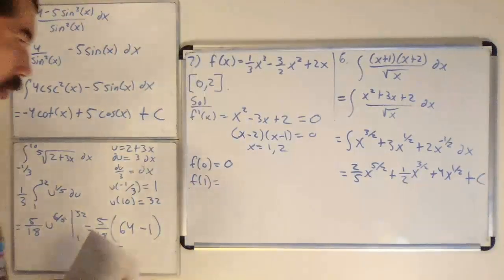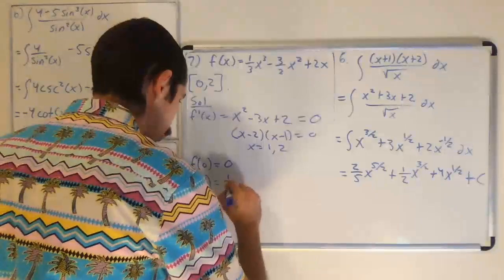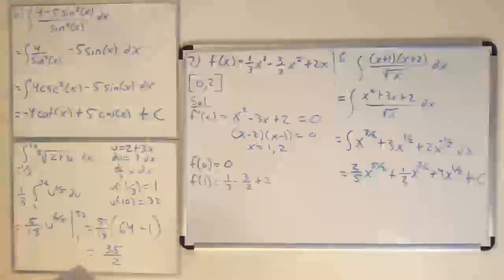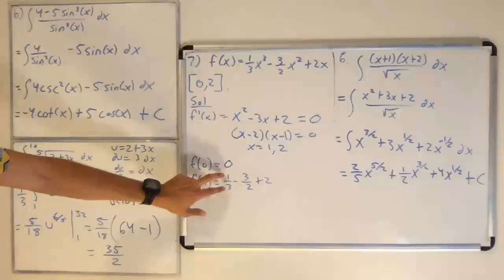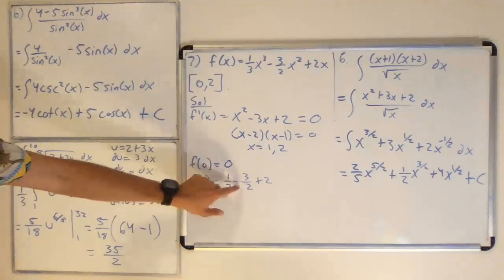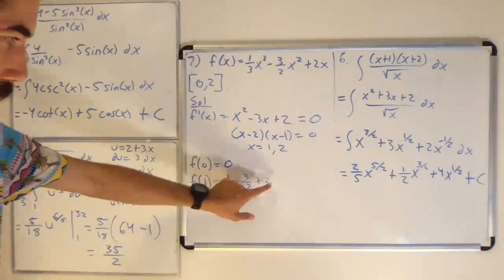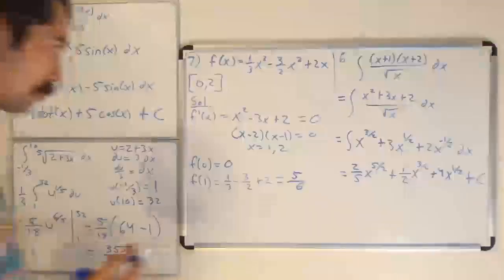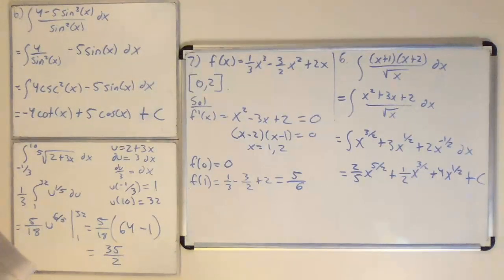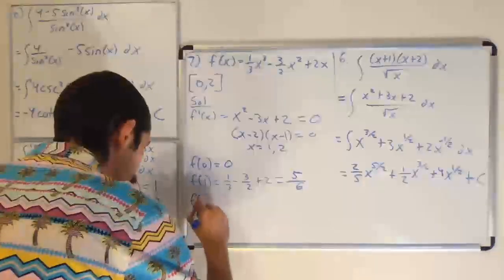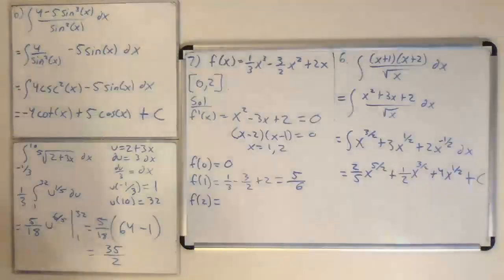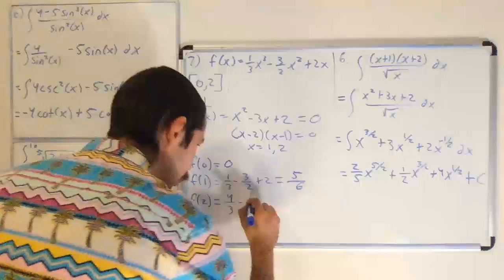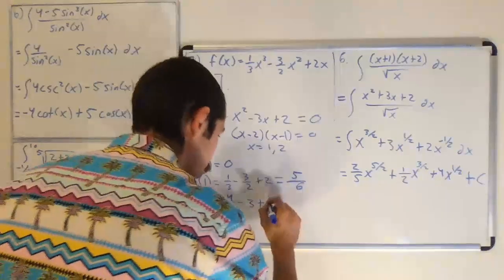F of 1 is 1/3 minus 3/2 plus 2, which is 2/6 minus 9/6 plus 12/6, which is 5/6. And f of 2 is 4/3 minus 3 plus 6.